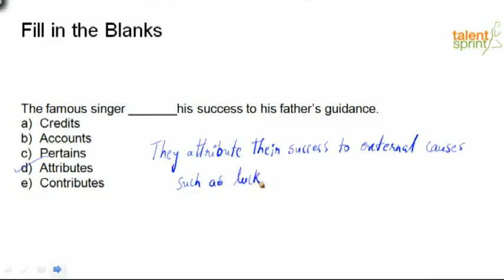So when you say attribute, you're talking about the characteristic of the person, thing or group indicated. In this context, he is saying my success is because of my father, a certain specific way in which he guided me, some of his characteristics, or something that he specifically did that helped me in my success.